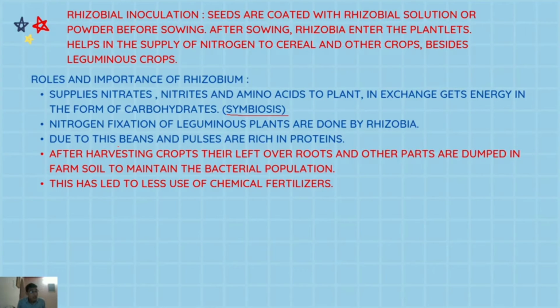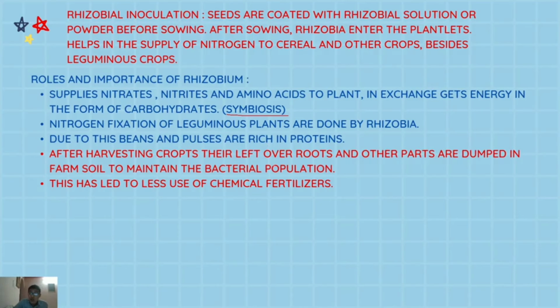Due to this, beans and pulses are rich in proteins. As the nitrogen fixation has taken place and the plant is growing in a very good way, definitely those plants are going to be rich in proteins. So the quality of the plant is increased by these bacteria called rhizobium.